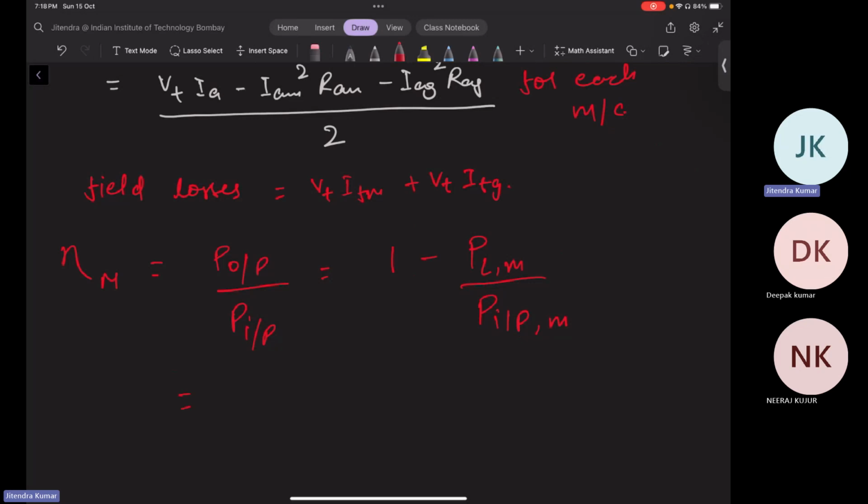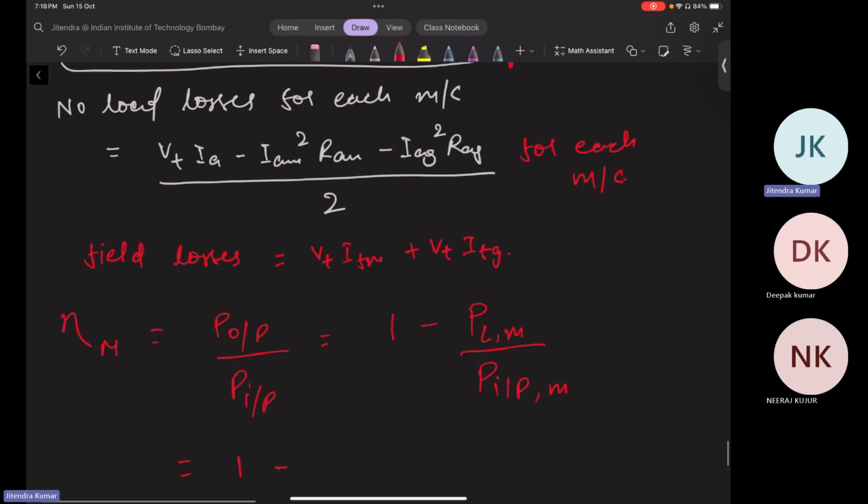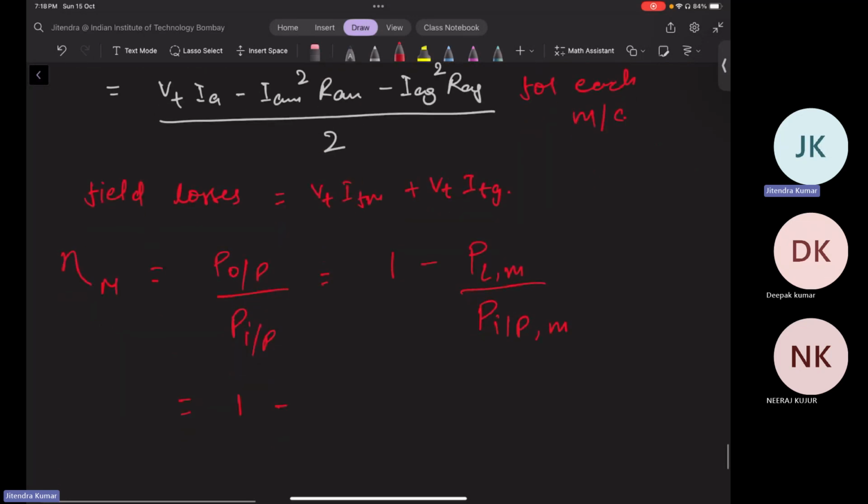Now 1 minus losses of the motor is nothing but VTIA minus IAM square.